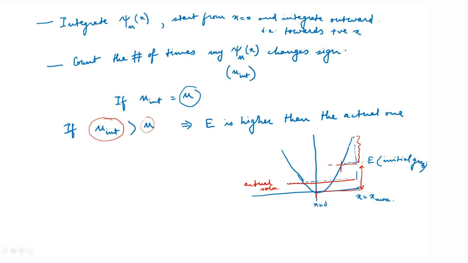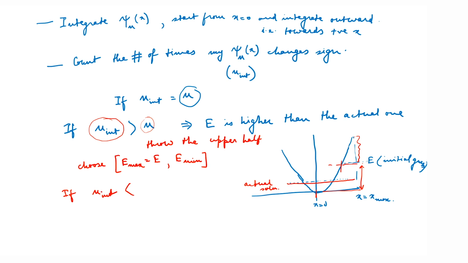So, if E is higher than the actual one, throw away the upper half, and that means choose my E max equal to E, and the E min changes. Similarly, if my n int is less than n, this tells me that my guess energy is low.